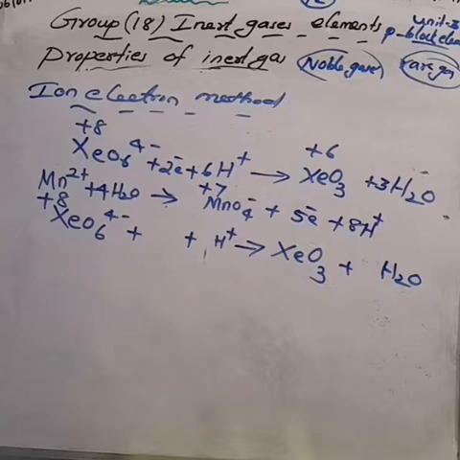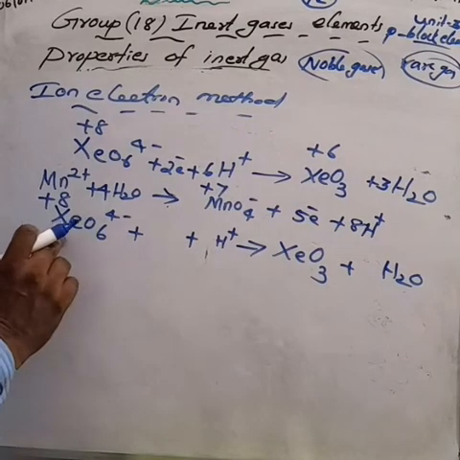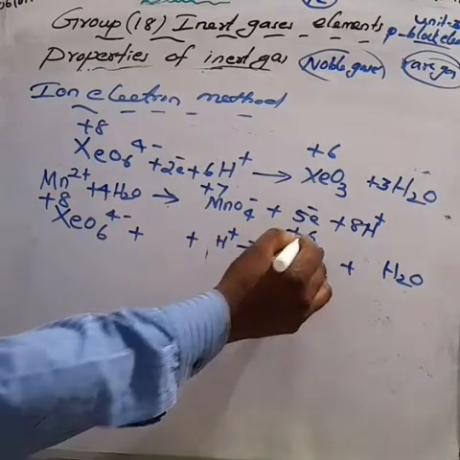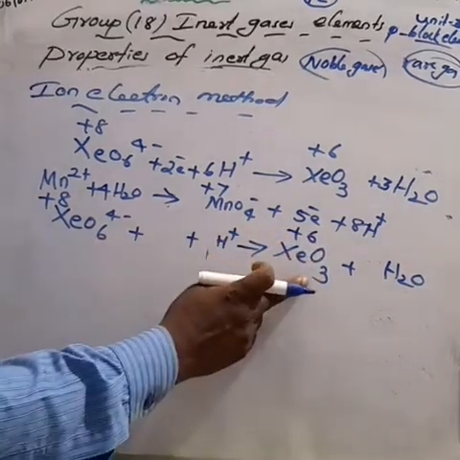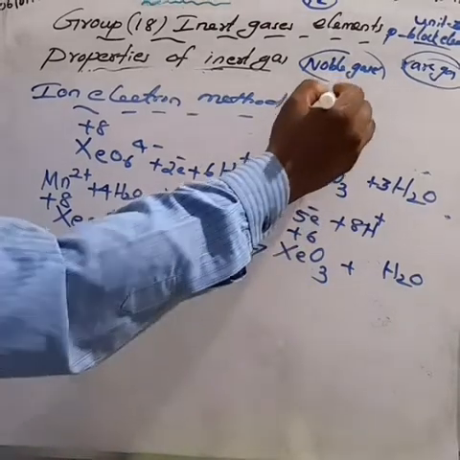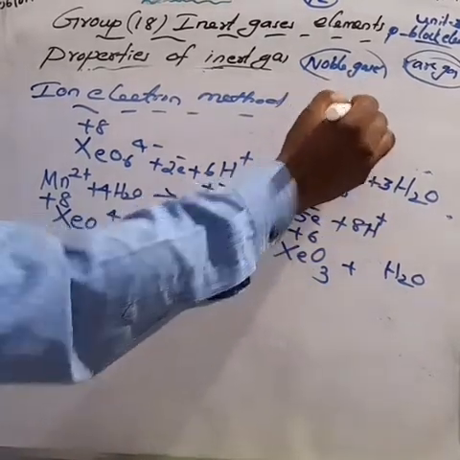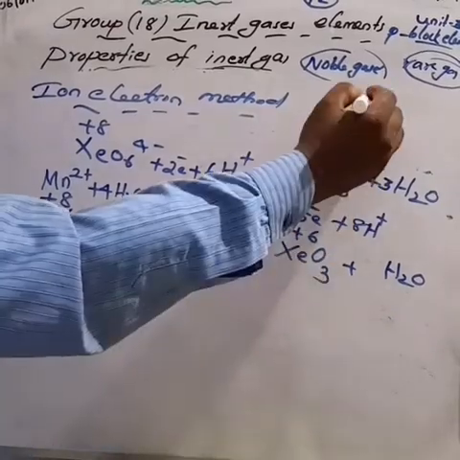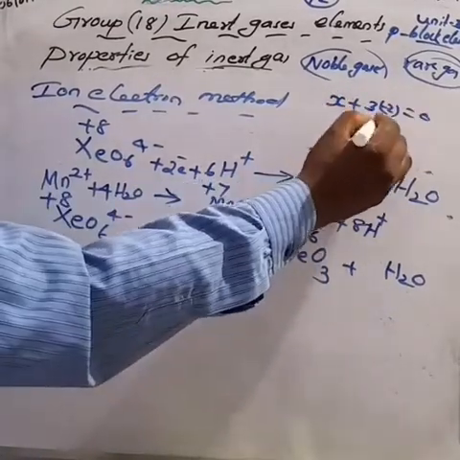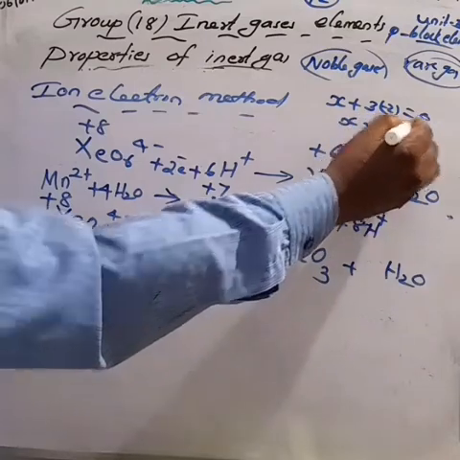Here the oxidation state plus 8 is changed to plus 6. What is the oxidation state of xenon in xenon trioxide? You have to find it in XeO3. Taking Xe as X, plus 3 oxygen, 3 into minus 2, equals 0. X minus 6 equals 0, X equals plus 6 oxidation state.